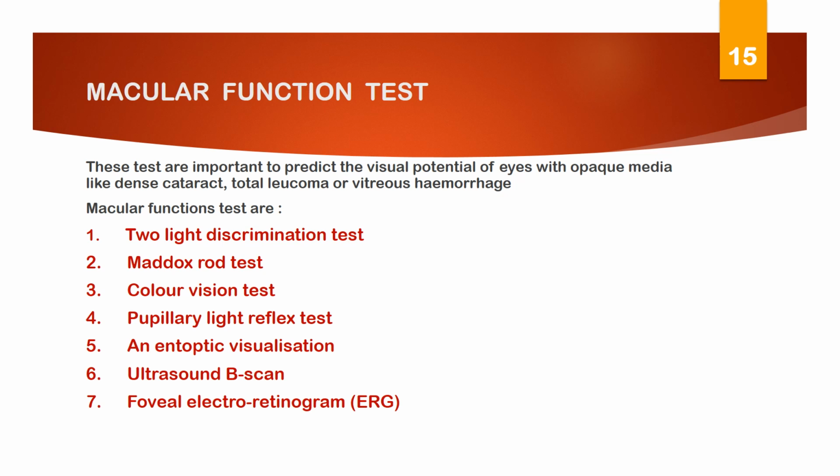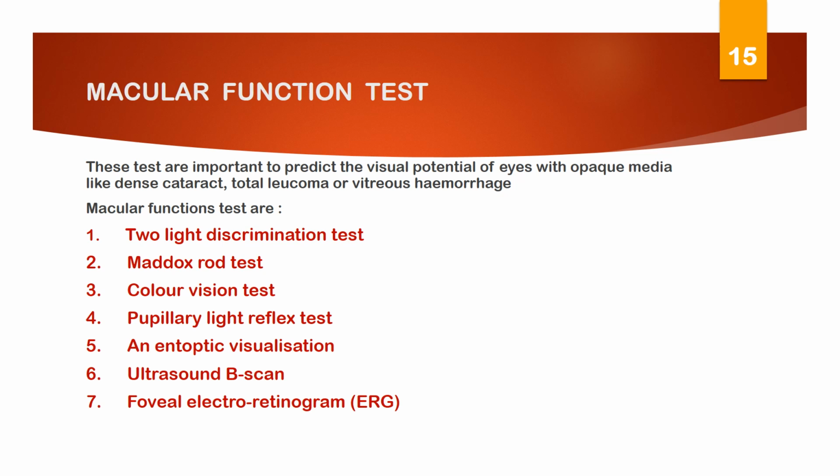Maddox rod test. The patient is asked to look at a distant light through the Maddox rod. If the red line is continuous and unbroken, macular function is probably good. Color vision test. If the patient identifies red, green, or blue light in the presence of opaque media, macular function and the optic nerve are normal.